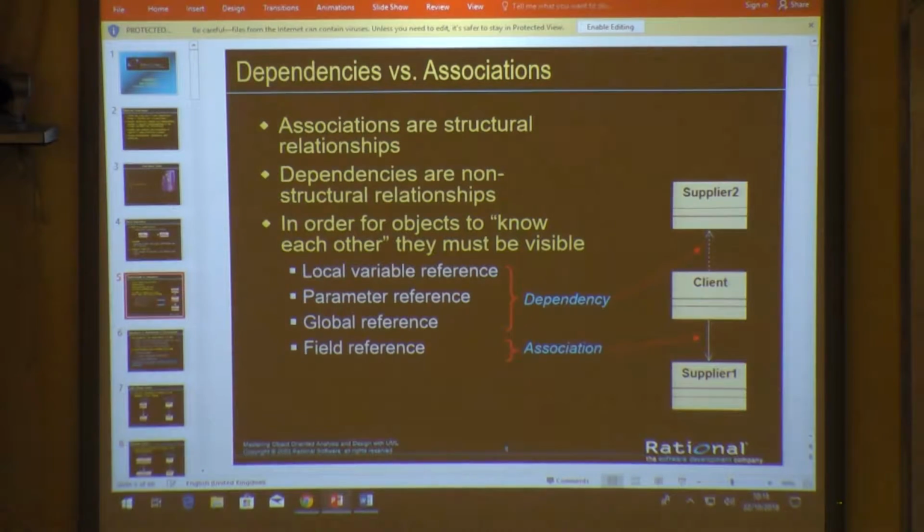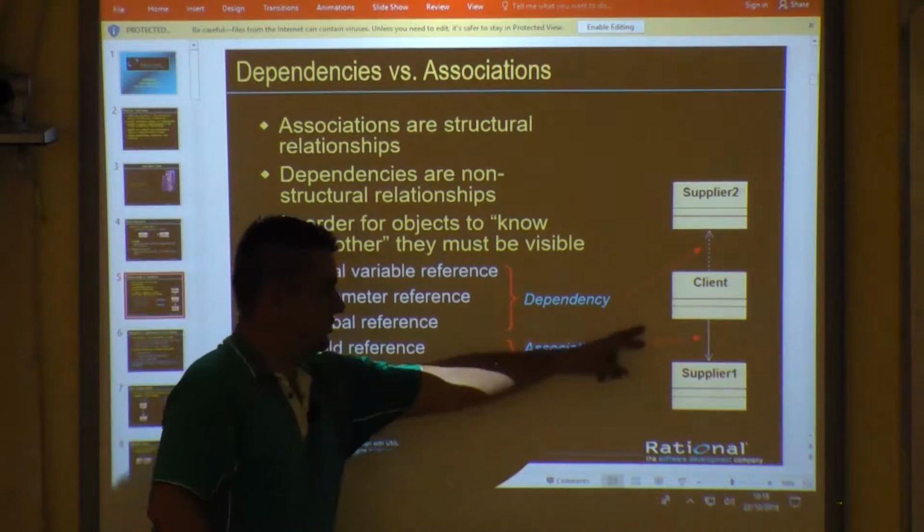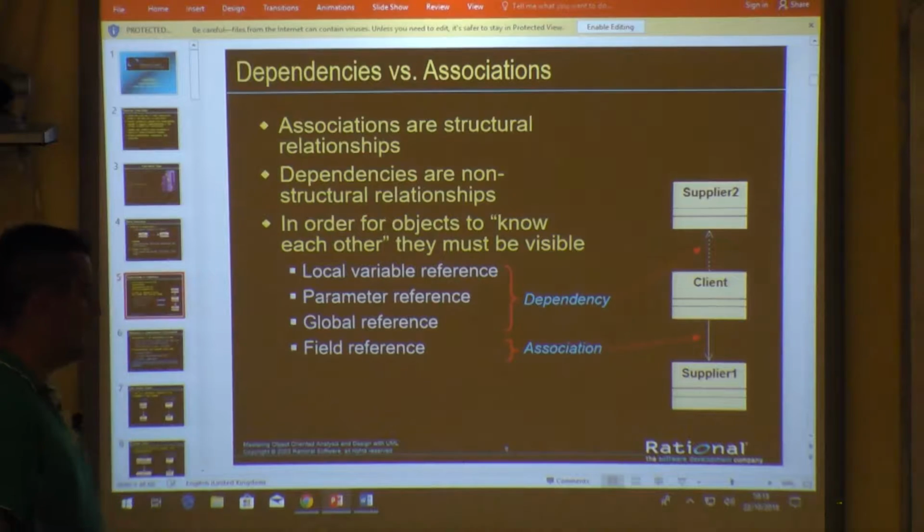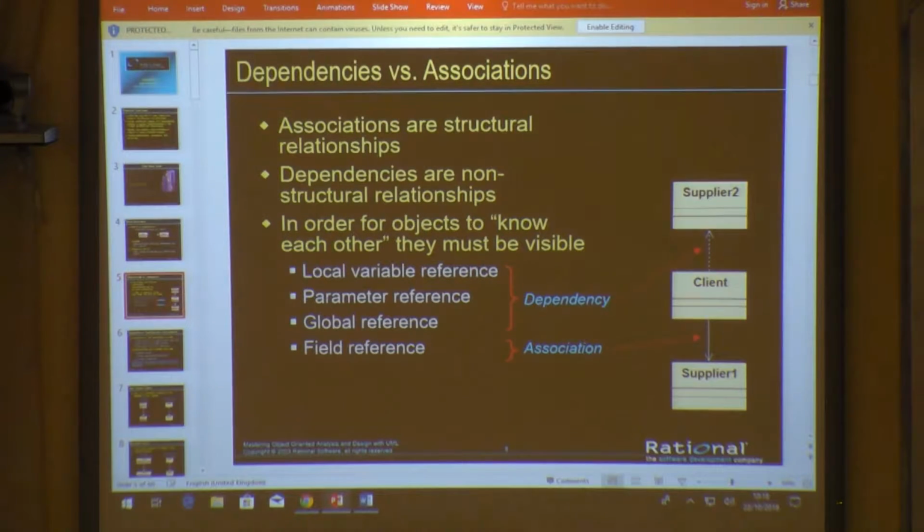Now what you will see is that there are three types of dependencies, which is a local variable reference, parameter reference, or a global reference. For us to create an association, it's normally just done by a field reference where we're creating a relationship based on the field which points to another class. Okay.